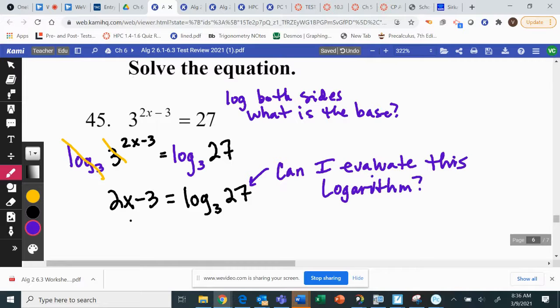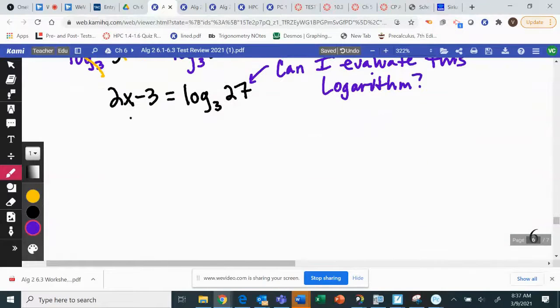Okay, the next thing I'm thinking when I see log base 3 of 27, and I know 3 and 27 are kind of related by exponents, can I simplify this log? Can I evaluate log base 3 of 27? Do you know what I mean by evaluate?